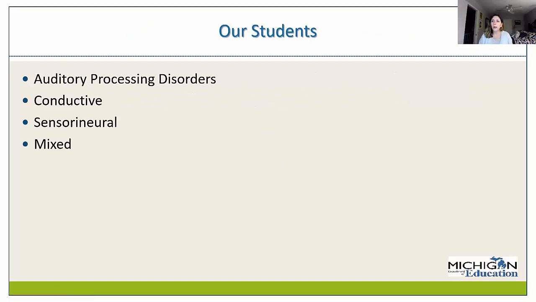So who are our students that are going to be taking our statewide assessments? We know that many of them have auditory processing disorders. They also have a variety of other things that they are tackling that impact their instruction. They may have conductive, sensorineural, and mixed hearing loss.